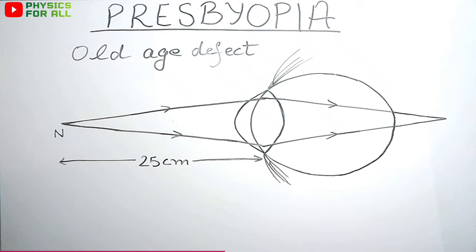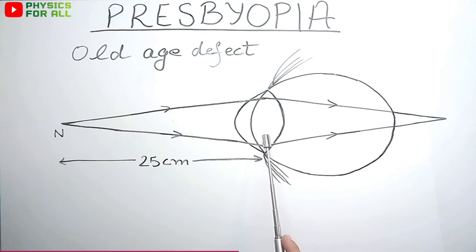So this could be one of the reasons. We have two reasons basically. So one reason could be the increased focal length of the lens, and that's why the rays are getting converged at much farther away distances. The other reason could be shortening of the eyeball.